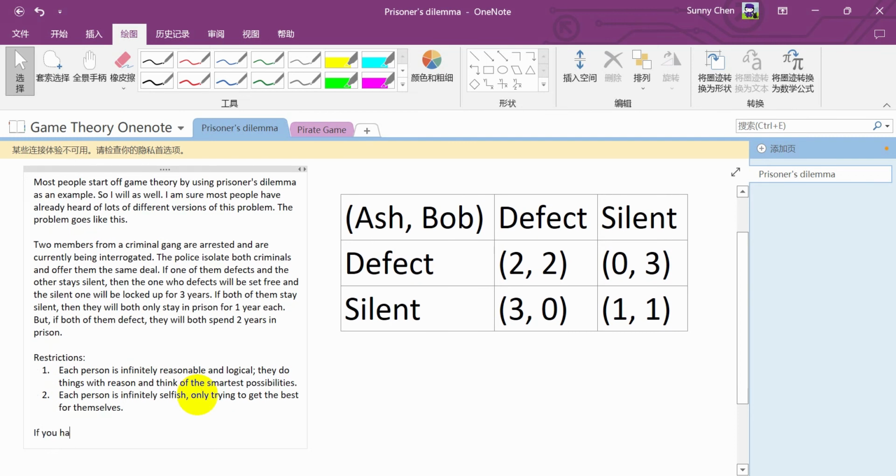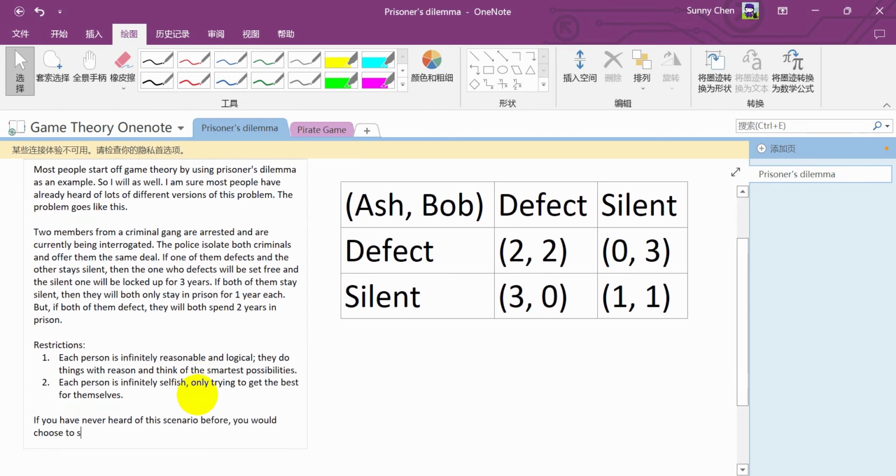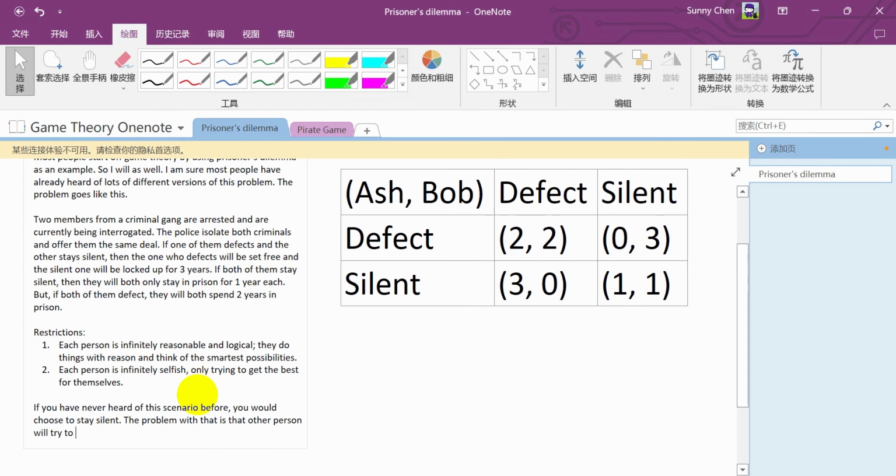If you have never heard of this scenario before, you would choose to stay silent. The problem with that is that the other person will try to optimize their own profits instead of thinking for both people.